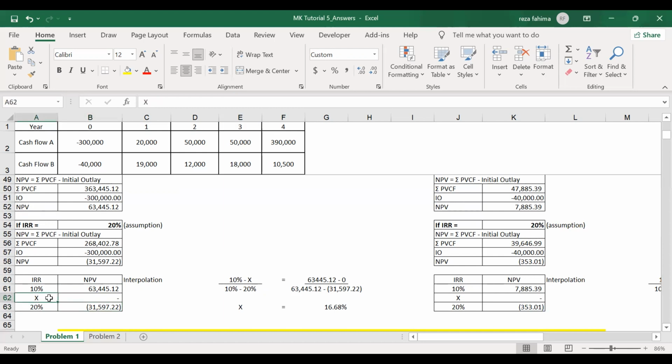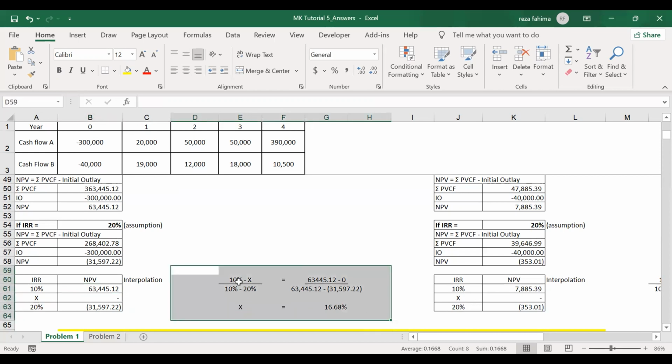And we put our IRR as the X, and it is in the middle, because remember that when we are calculating IRR, it means that we will make our NPV 0, and 0 is in between these numbers, the 63,000 and the minus 31,000. So we can calculate using the interpolations.